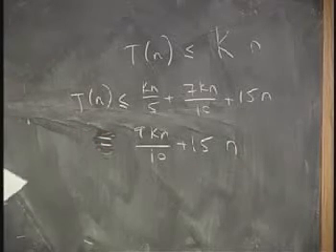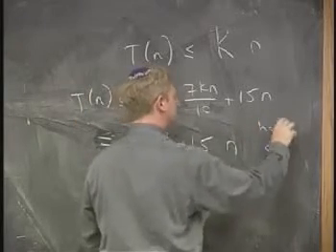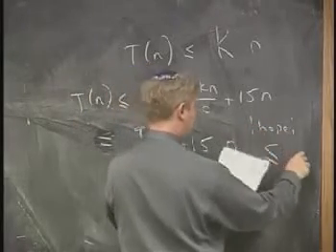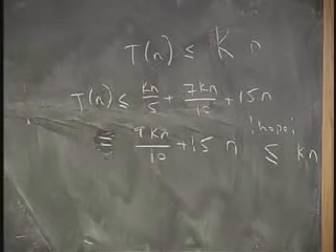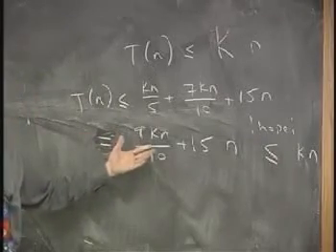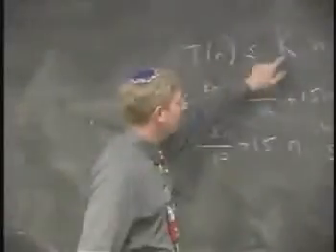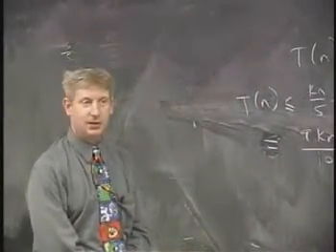I'm hoping that this is less than or equal to kn. If I want this to be true, I've got complete control over k. I can pick it to be anything I want it to be.